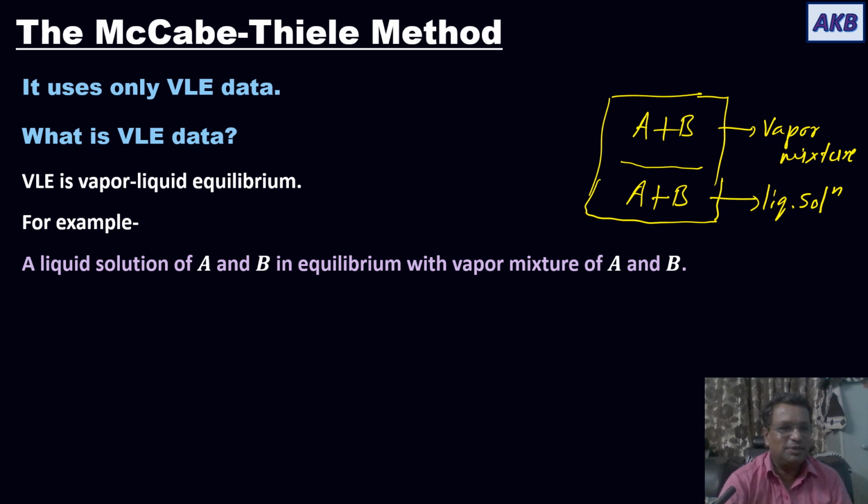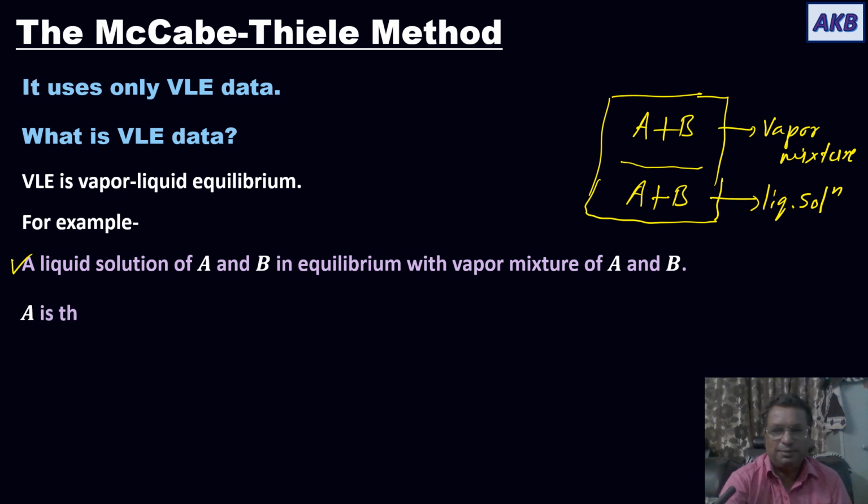So that means you have components A and B in the liquid solution and components A and B in the vapor mixture.